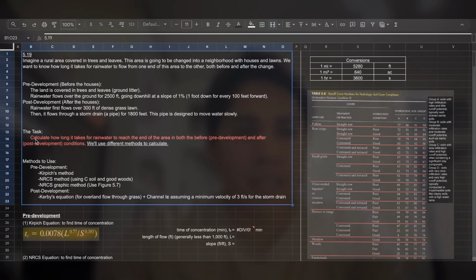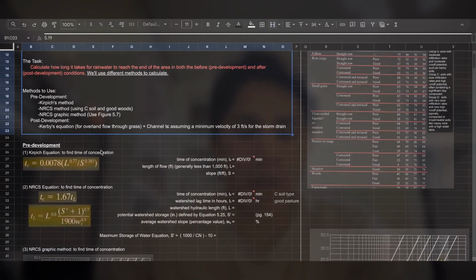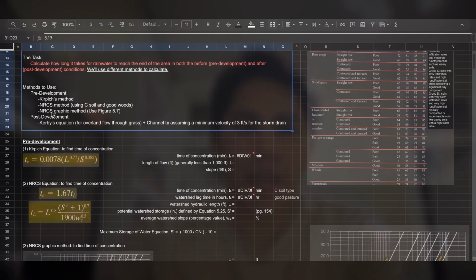What we need to do, the task, is calculate how long it takes for rainwater to reach the end of the area in both the pre-development and post-development conditions. We'll use different methods to calculate this. For pre-development, we'll use Kirpich's method, the NRCS method that we already used, and there is also an NRCS graphic method approach.